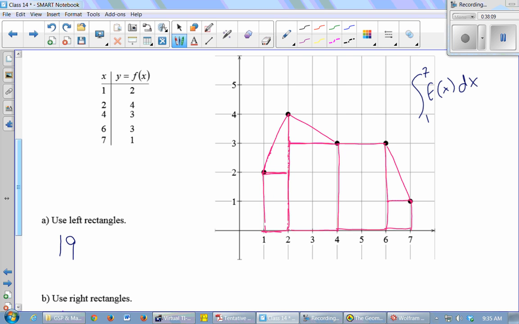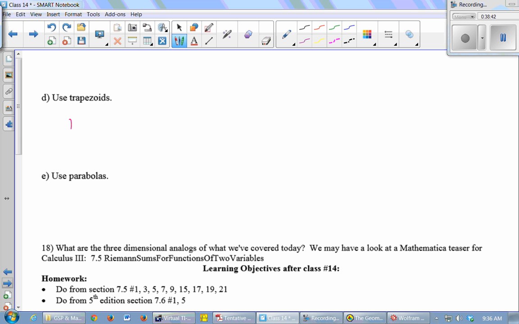I'm going to do that because it's just easier. So this is 1 by 2, 2. This is 2 by 3, 6, and 1 by 6, 6. And then my triangles: this is 1 by 2, so that's 1. And this is 2 by 1, so that's 1. This is 1 by 2, so that's 1 also. So 6 and 6 is 12, 14, 15, 16, 17, 18 using trapezoids.